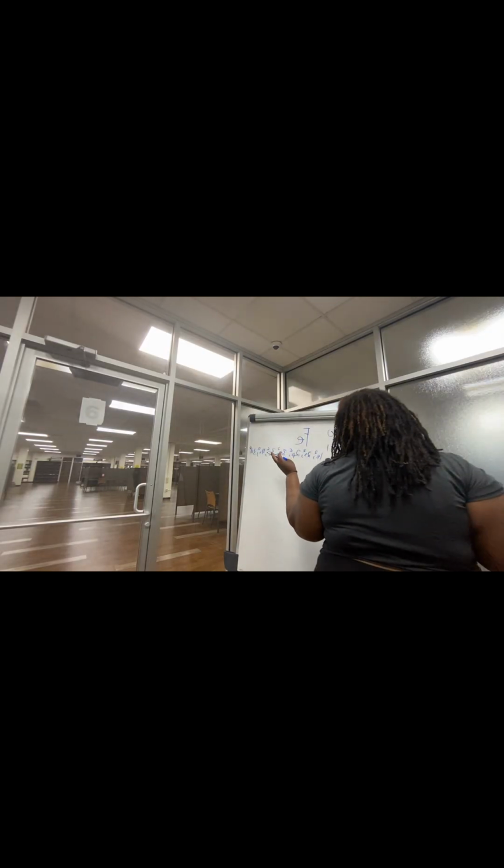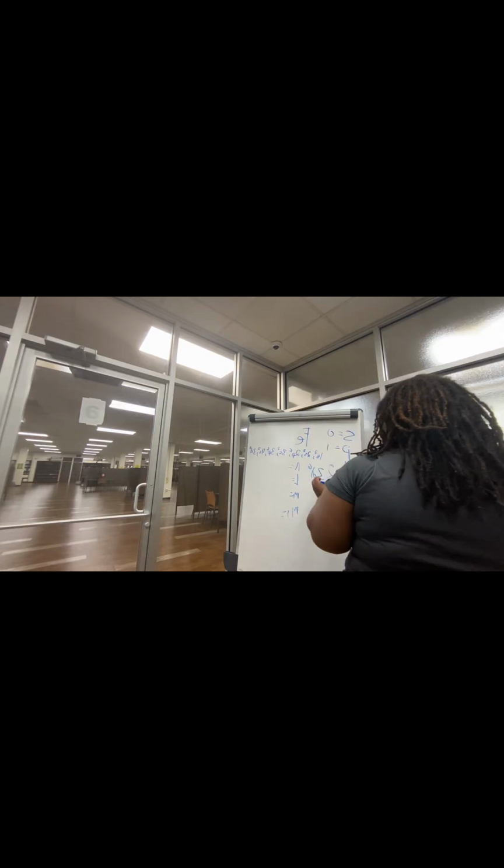I'm going to do the last electron of iron. N, L, M of l, M of s. The energy level is 3. L is 2 because d is 2.